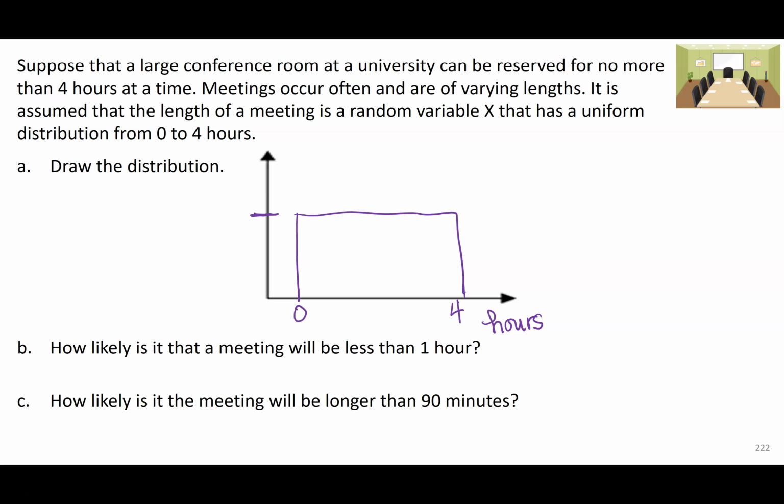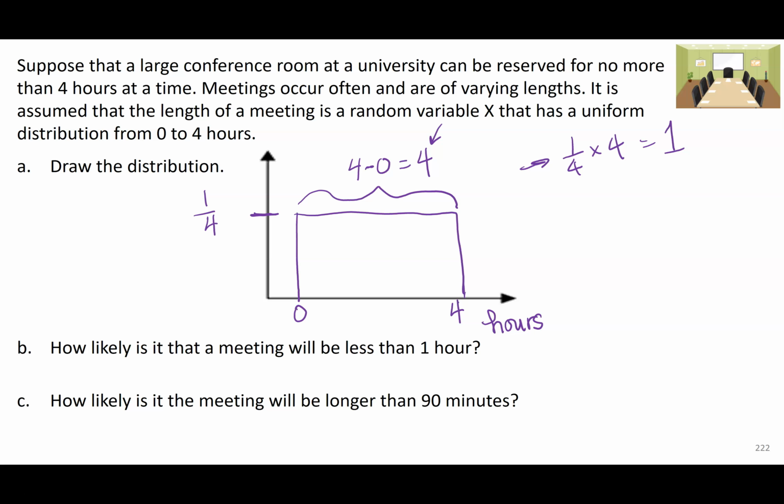I want to know how long this is. 4 minus 0, that means my rectangle is 4 long. So my height is going to be 1 over my length, so 1 over 4. Because 1/4 times 4 is just 1, and that's the area of this whole thing.